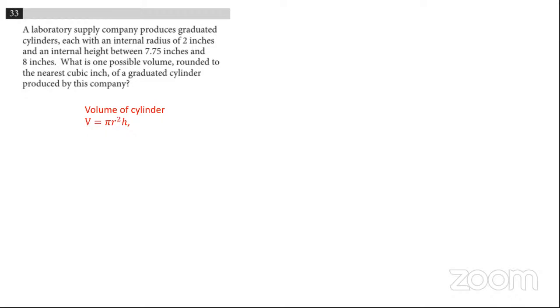The smallest possible volume is when the internal height is 7.7, that is the smallest possible internal height. So find the smallest possible volume as well as the largest possible volume. The largest possible volume is when the height is 8 inches. So let's calculate it.